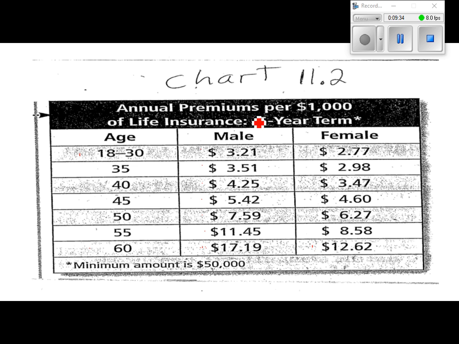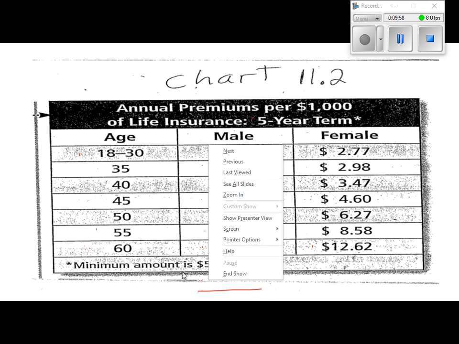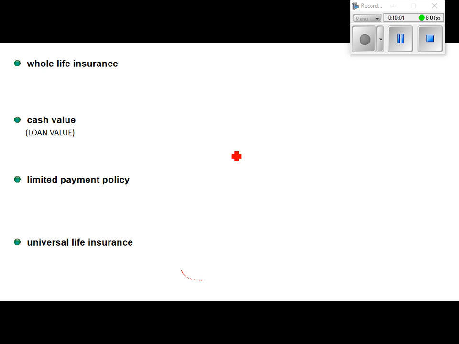This policy is for a 5-year term plan, and notice that they have set a minimum, so you can't get just 1 unit. You've got to get at least $50,000 worth, which would be 50 units. And we're going to use that chart. This chart's going to be used on the first part of the assignment.